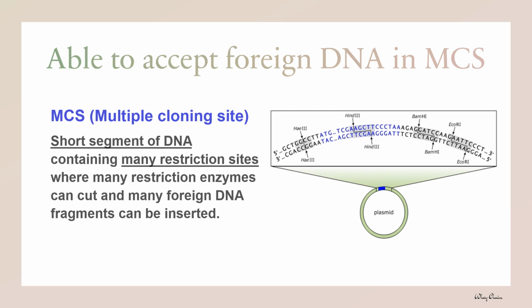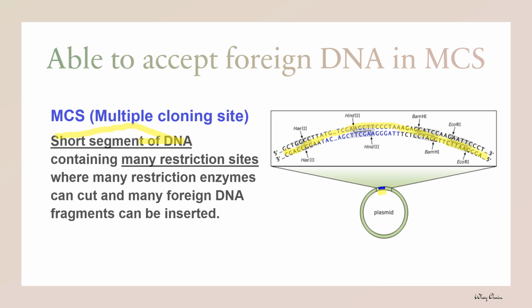So if we look at the example plasmid, the multiple cloning site, abbreviated MCS, is actually a small part of the plasmid. So we call it a short segment of the DNA. At the MCS, there is a list of nucleotide base pair sequences.